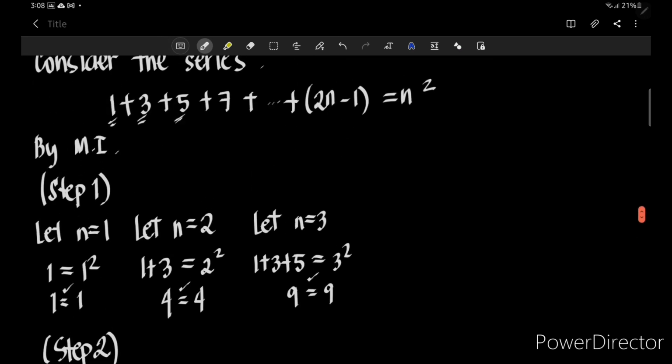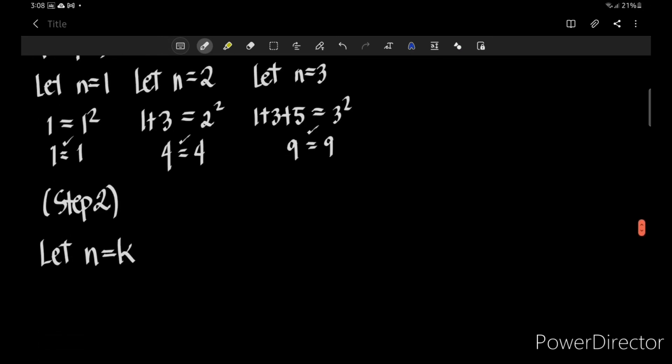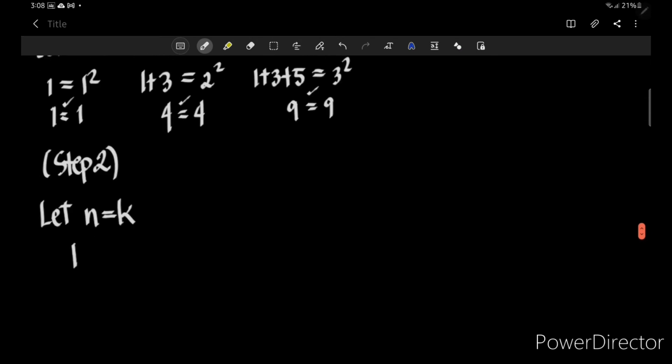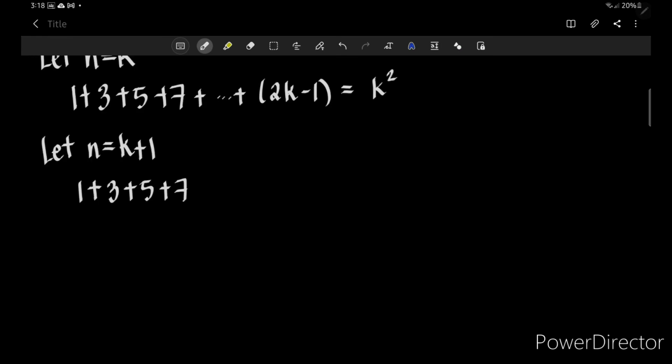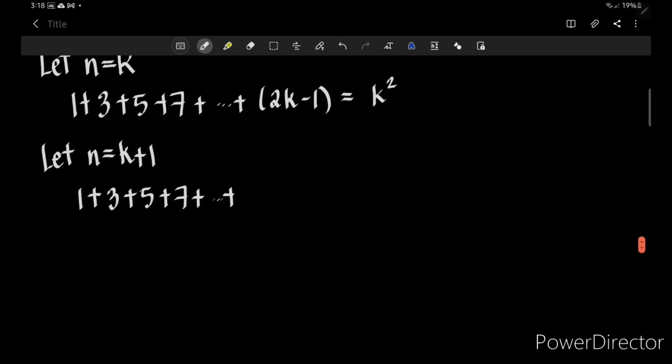Okay? So, we have 1 plus 3 plus 5 plus 7 plus dot dot dot hanggang makarating kay 2k minus 1. Since k plus 1, yung next po sa k, no?